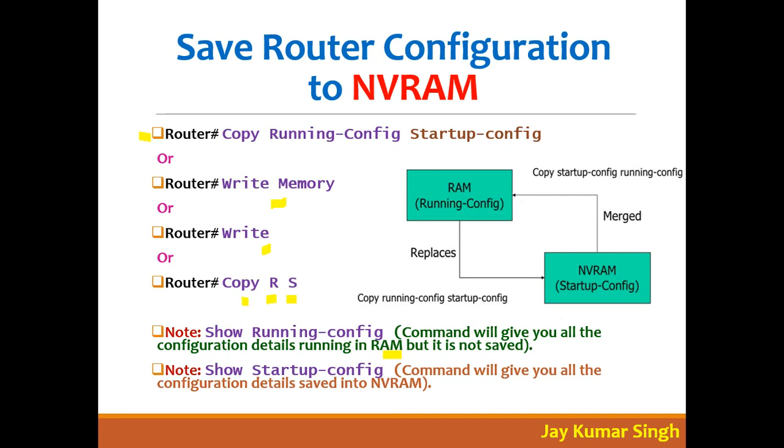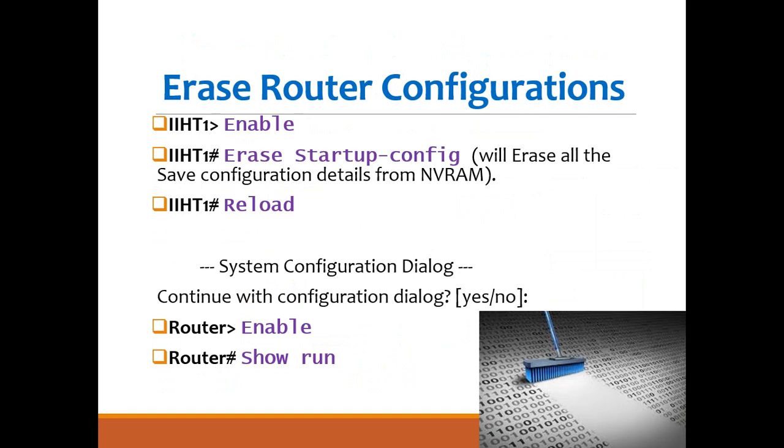So running config is RAM and startup config is NVRAM. Erase, I told you how you can erase. After erasing you can reload. When you reload, everything is erased and your router is new.